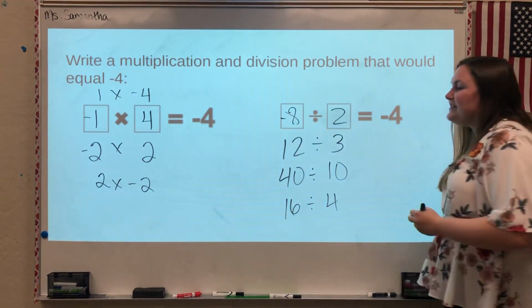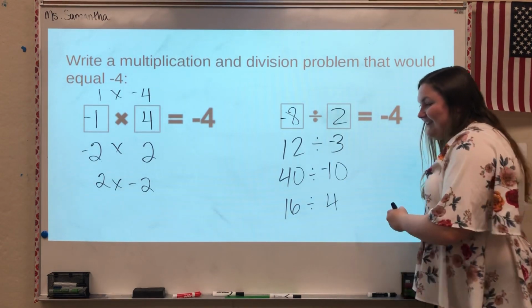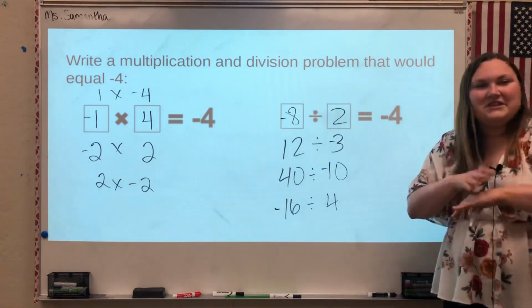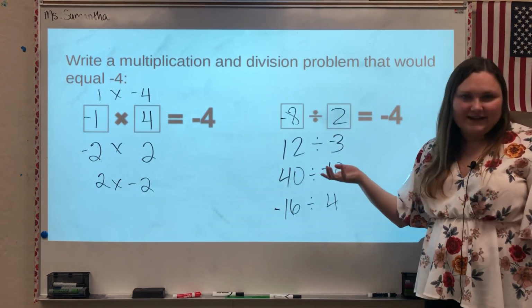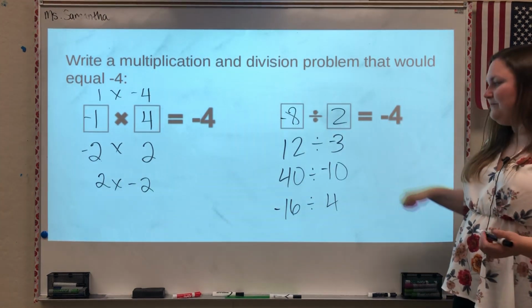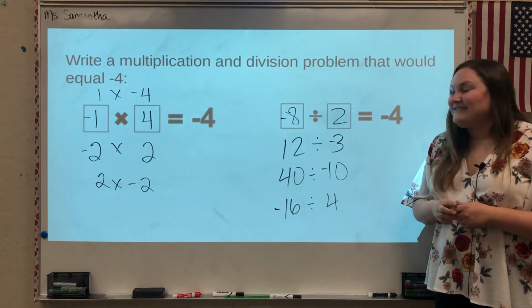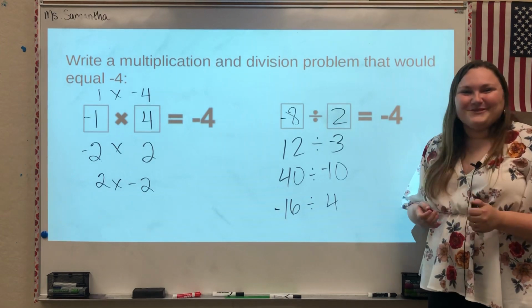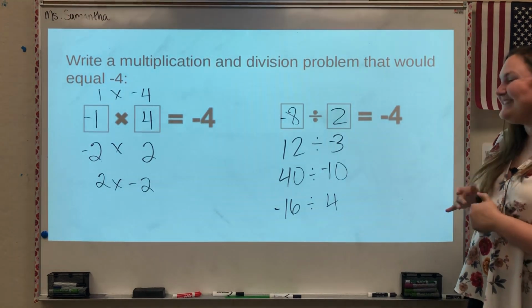So you could have the first number be negative, the second number be negative, the smaller number be negative, the larger number be negative. Doesn't matter as long as you've got one positive and one negative, the answer will be negative. Lots of options for these, which is why I like them. It's kind of like you're being the teacher almost, right? Like you're creating the question, which I think as your actual teacher is very fun for me to see.